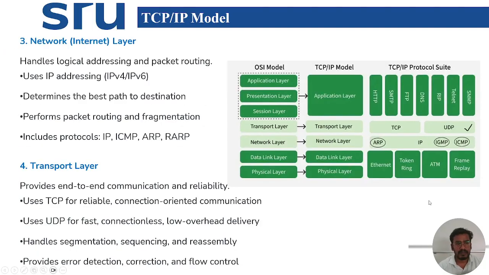In the network layer, it handles the logical addressing and packet routing, using IP addresses like IPv4 and IPv6, and determines the best path to the destination to reach the data from user to receiver, say client to receiver or node to node.